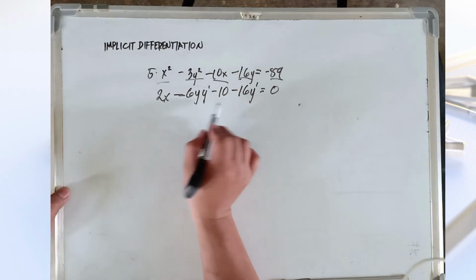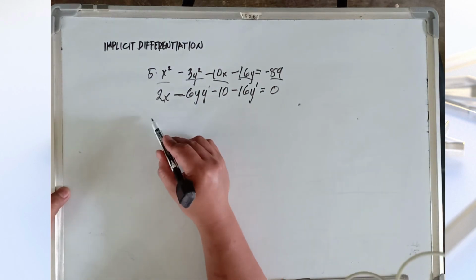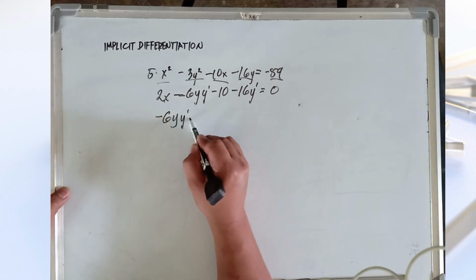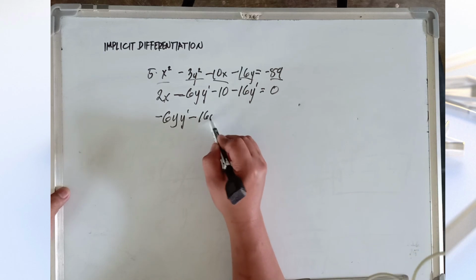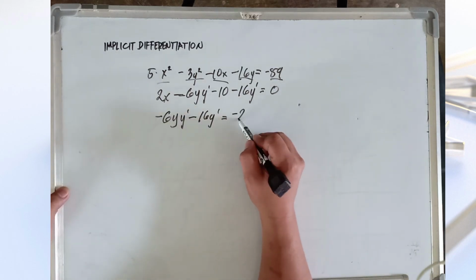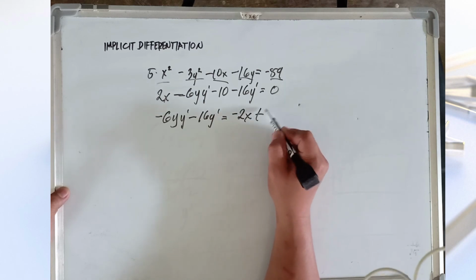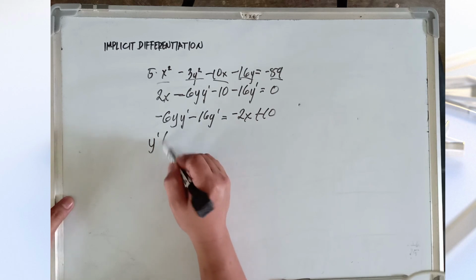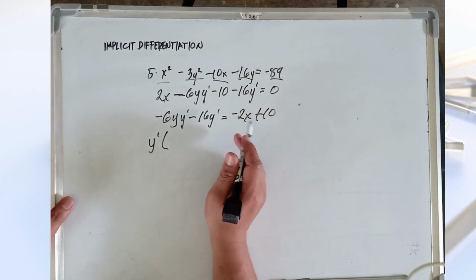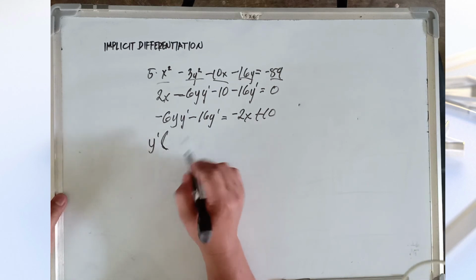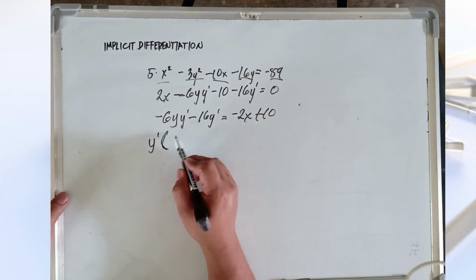Now isolate the dy over dx or the y prime. So here we have negative 6y, y prime, minus 16y prime, and the rest should be transposed to the other side, negative 2x plus 10. Then let's factor this out by putting your y prime outside the parenthesis.